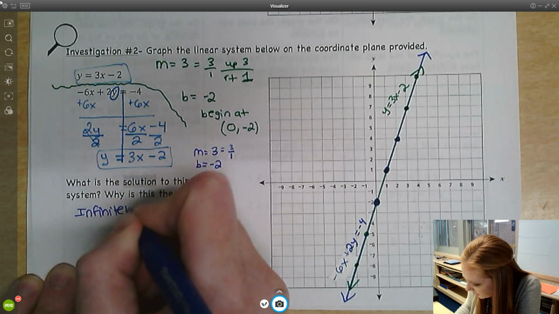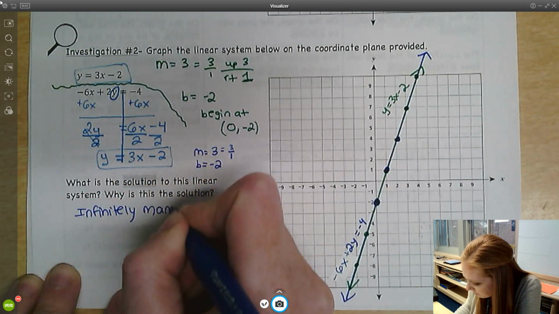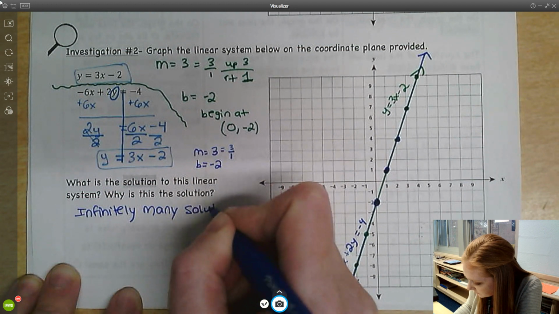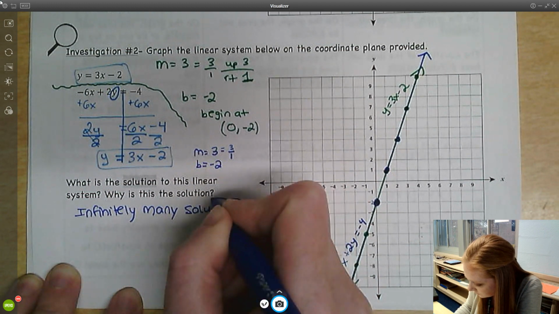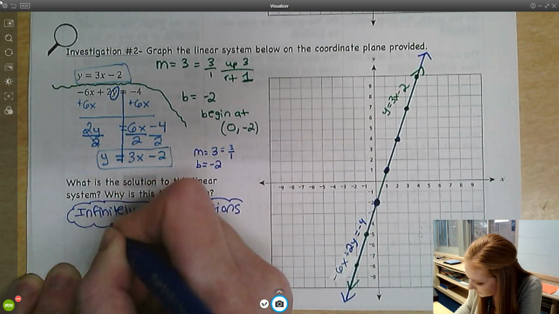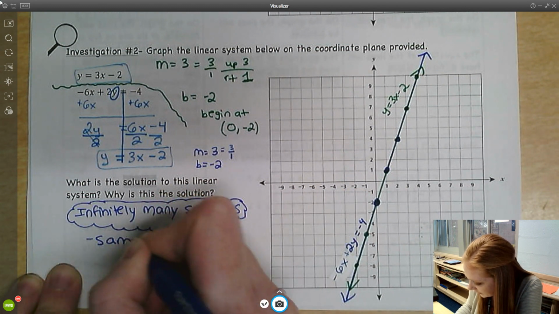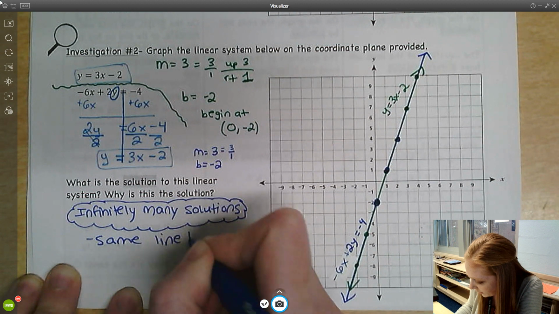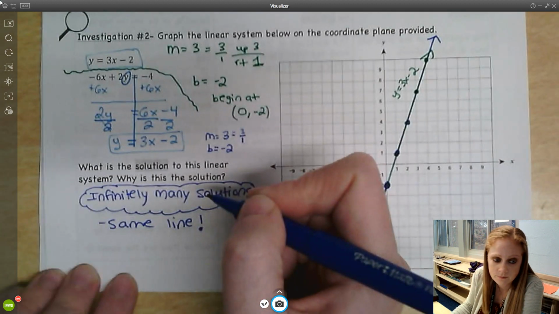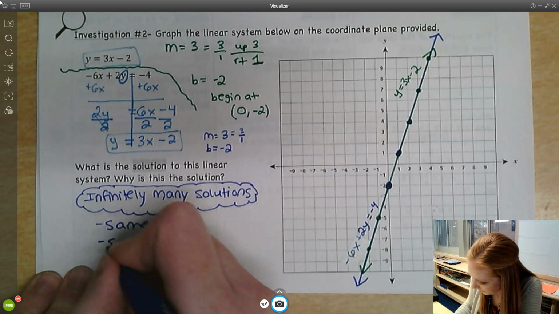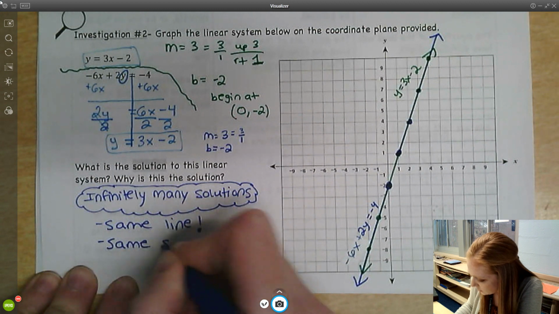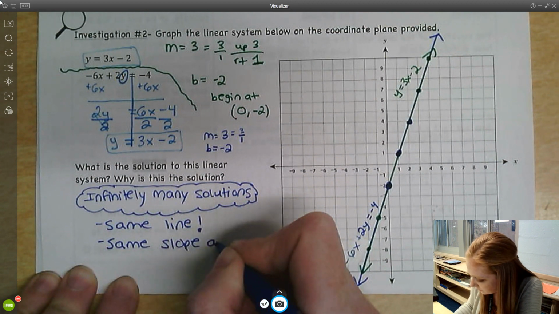There are infinitely many solutions. And why is this the solution? It is the same line. They have the same slope and y-intercept.